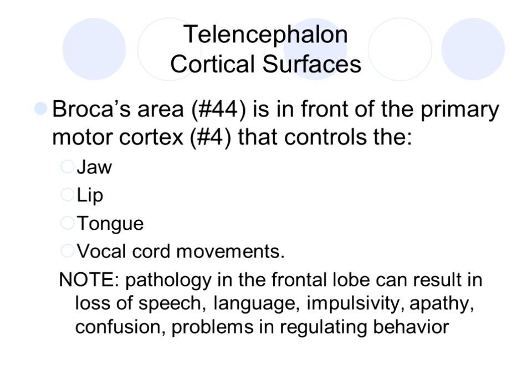So pathology in the frontal lobe can result in a loss of speech, language, impulsivity, apathy, confusion, and problems in regulating behavior. Because when we talk about the orbitalis or orbital area of the prefrontal lobe, that's where you have the control to inhibit inappropriate behavior.